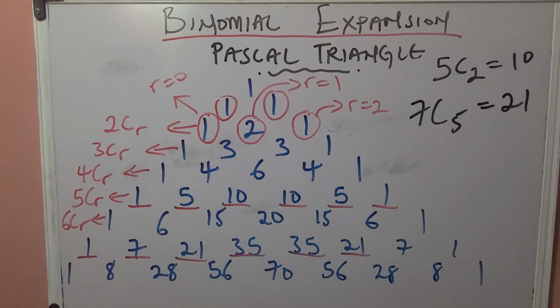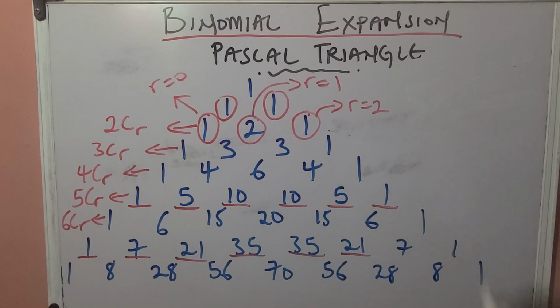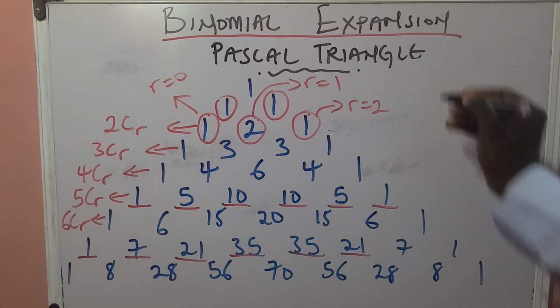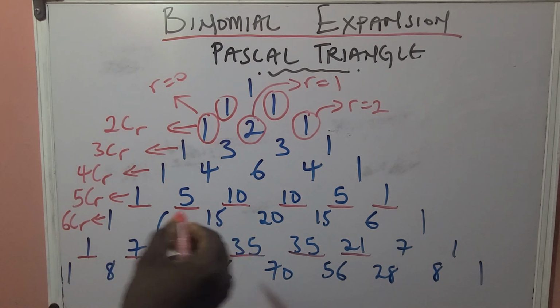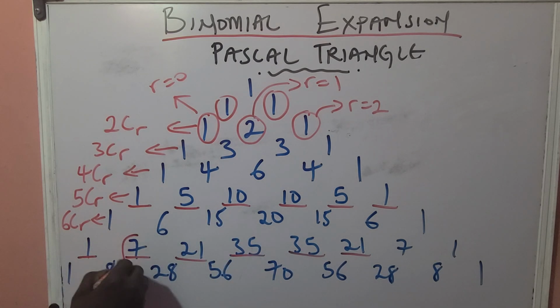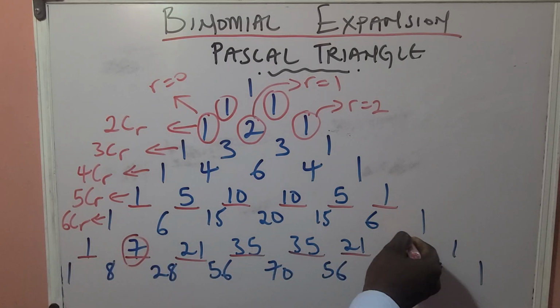All right, there are many more applications of Pascal triangle. Let's look at a few of them. I want you to notice something on the Pascal triangle. Whenever we were trying to solve, let's use 7 combination for instance, did you notice that the value here is the same as the value here?